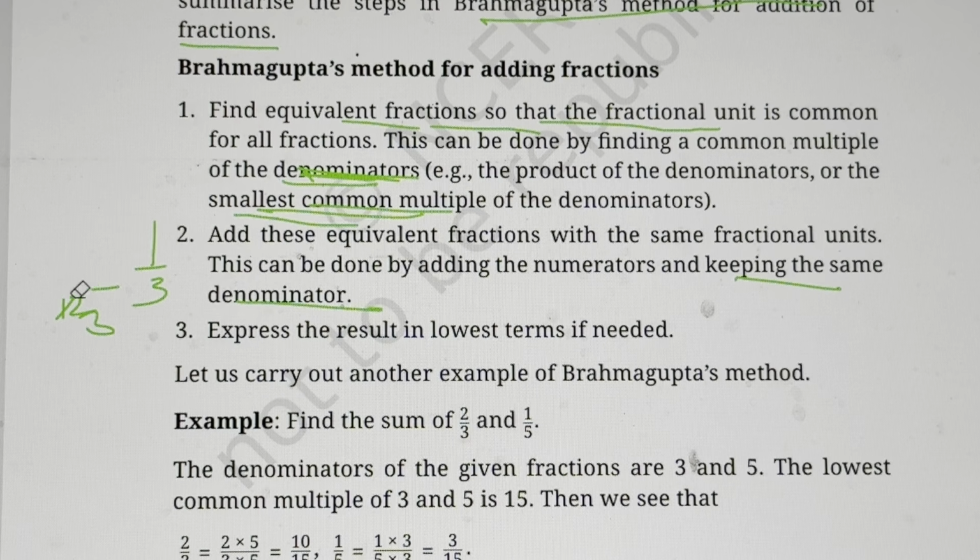Then you will have to convert it into mixed form. These two important rules you need to remember, that the answer should be either in the lowest form if it is proper fraction, and if it is improper, always the answer should be in the mixed form.